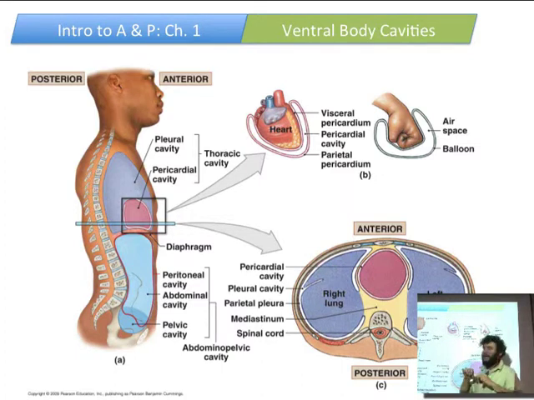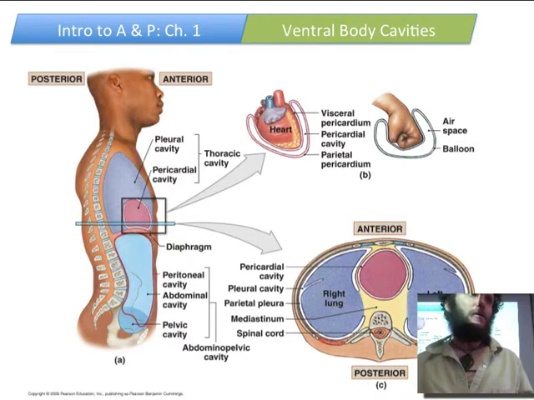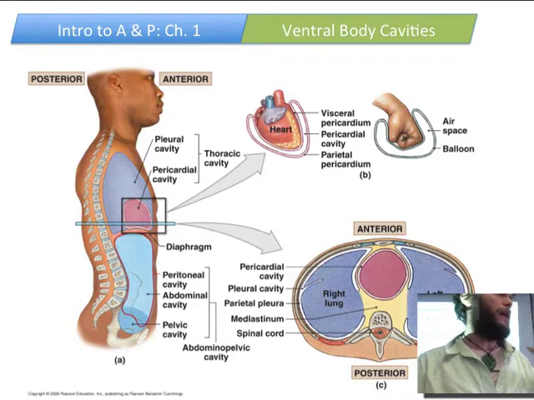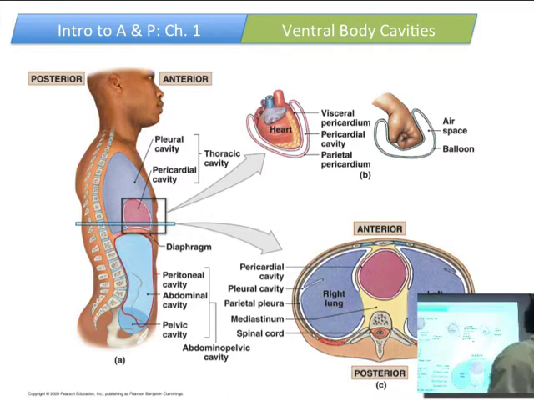For the lung, it's the bronchi and the various blood vessels that are going into the lung. All right? The pleura surrounds the lung. There is a visceral pleura, which lays right on the lung, and a parietal pleura that lies on the outside body wall there.